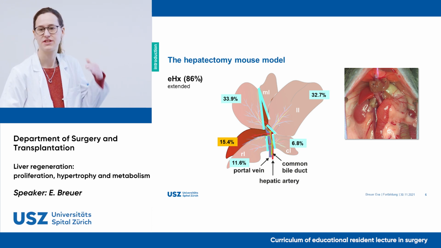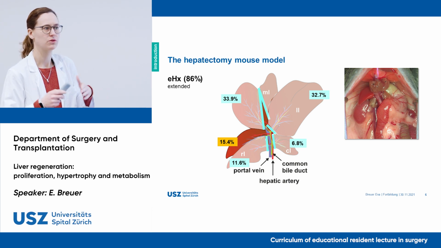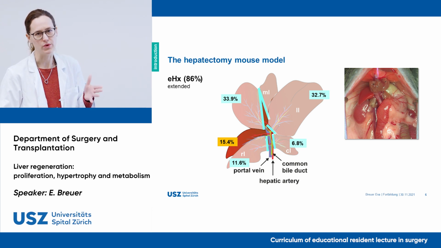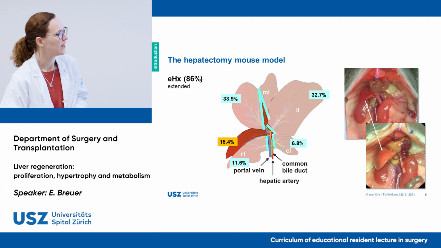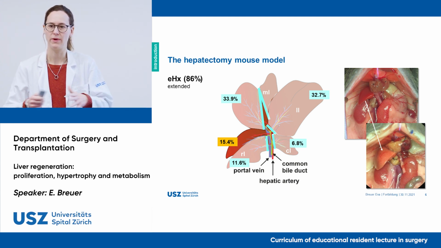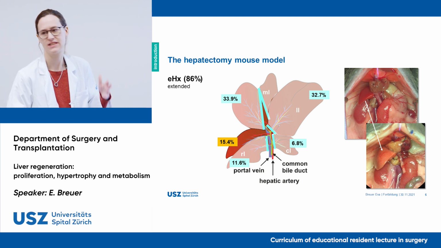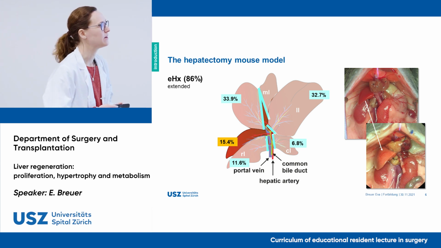We know that after standard and also extended hepatectomy in mice, the liver will grow back to its size within approximately a week. You can see here, this is 2 days after hepatectomy. The remaining lobe has already gained in liver weight, and you can also see that it's a little bit fattier than before.